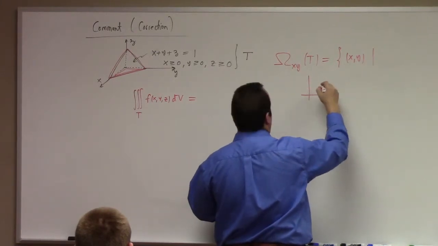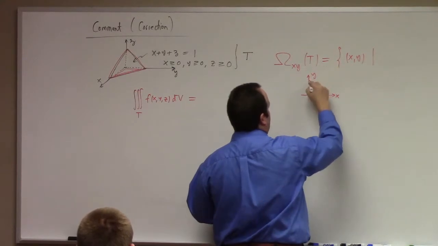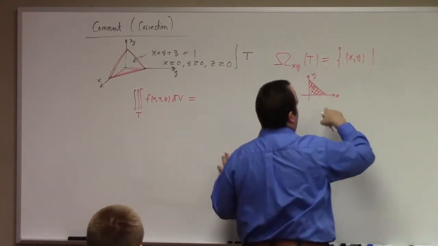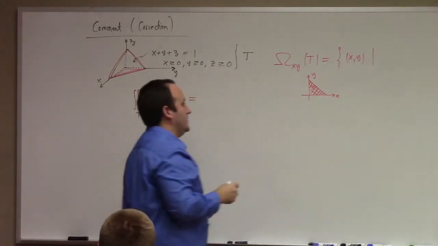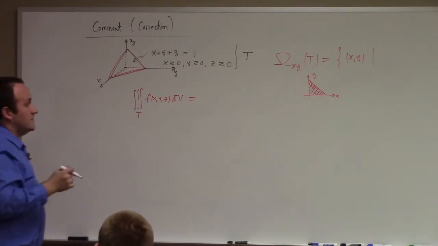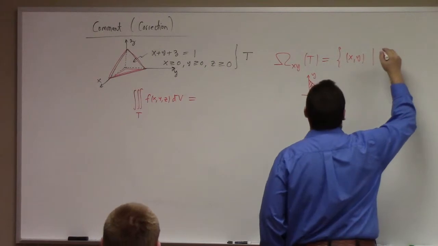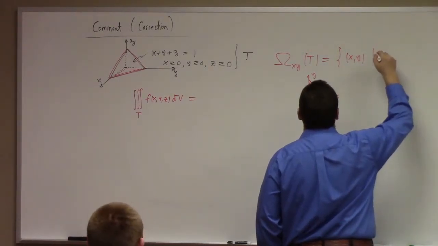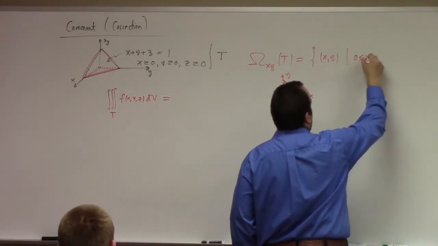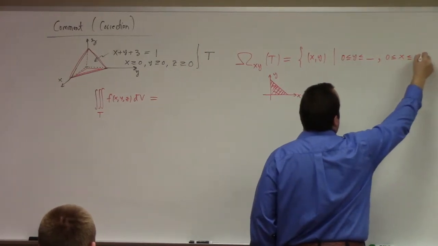If this is x and this is y, here's the projection. You could capture this a couple of different ways, as a type 2 or as a type 1 region. I'll write it as 0 less than or equal to y less than or equal to blank, 0 less than or equal to x less than or equal to 1.